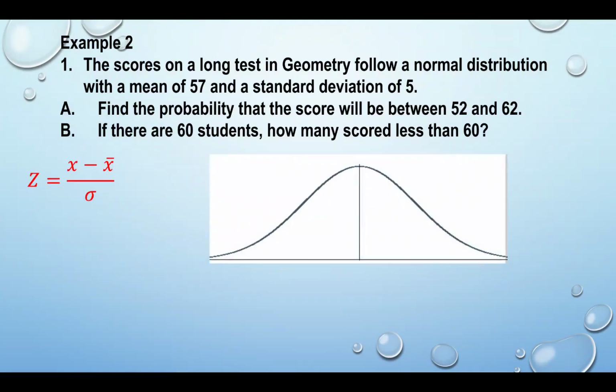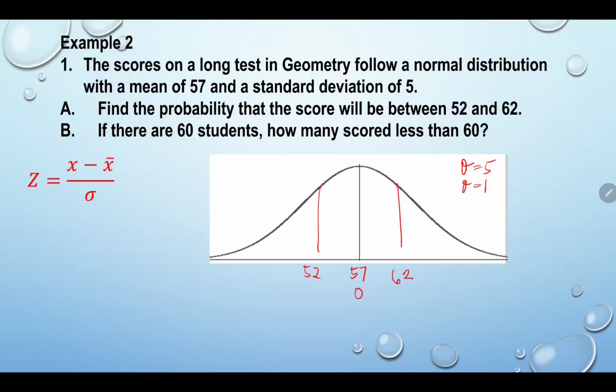The problem says the mean is 57 and the standard deviation is 5. We know that this 57 will become zero later on, and this will become 1. Our problem is the question: find the probability that the score will be between 52 and 62. Here is 52, that's before 57, and here is 62.